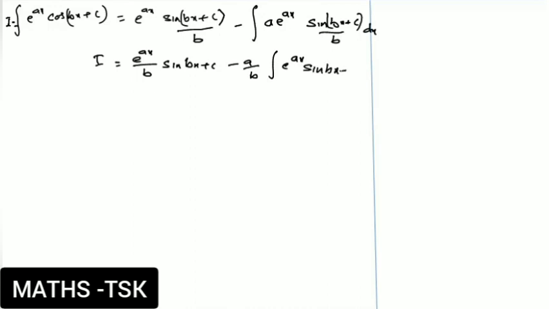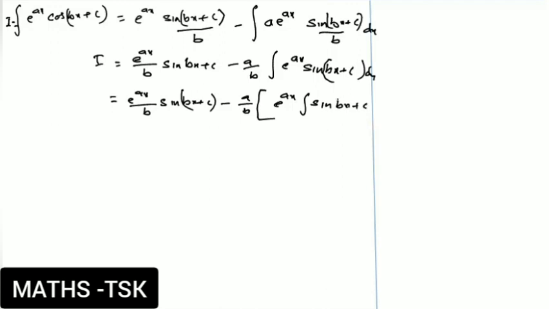Now again apply By parts for this. Again apply By parts: e power ax by b sin of bx plus c and then minus a by b. Now the formula for By parts: e power ax is f of x, integration of sin of bx plus c, minus integration of e power ax's derivative, a e power ax, into f dash of x, integration of sin of bx plus c, dx. Right.